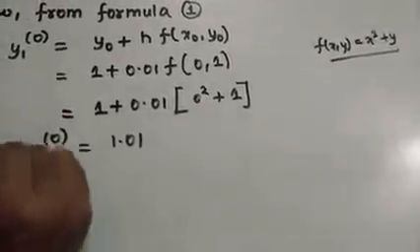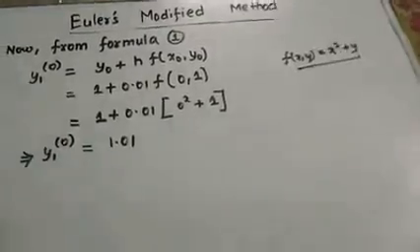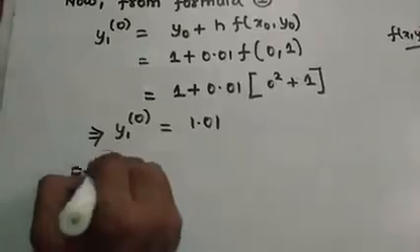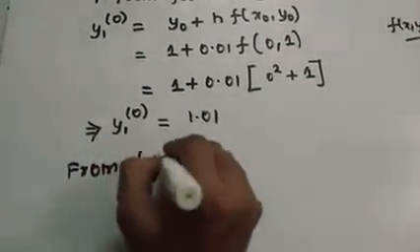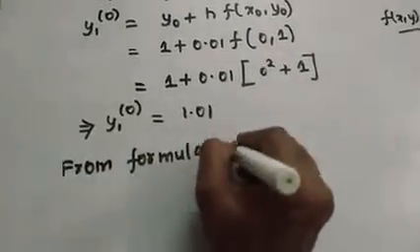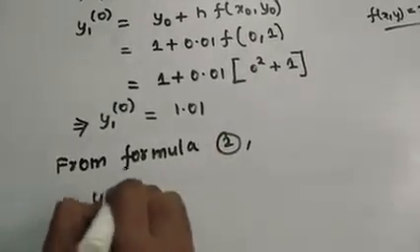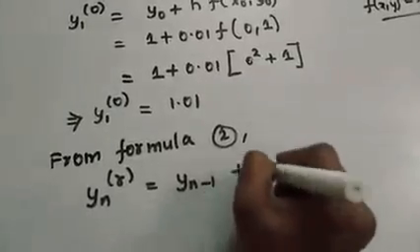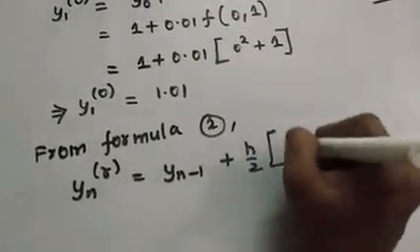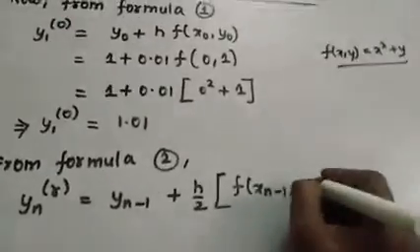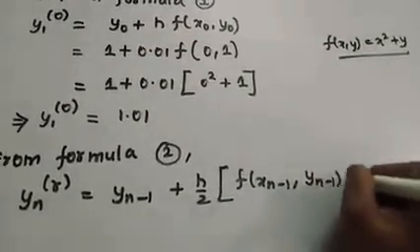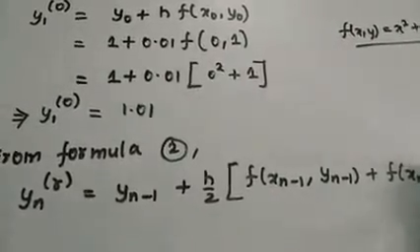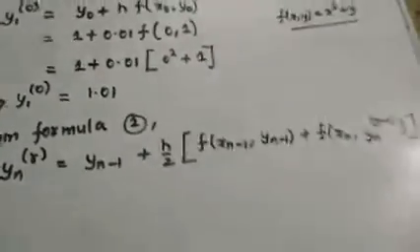Now we have to modify this y1 value using the second formula. From formula 2, that is yn of r equals yn minus 1 plus h by 2 into f of xn minus 1 comma yn minus 1 plus f of xn comma yn to the power r minus 1, bracket closed.